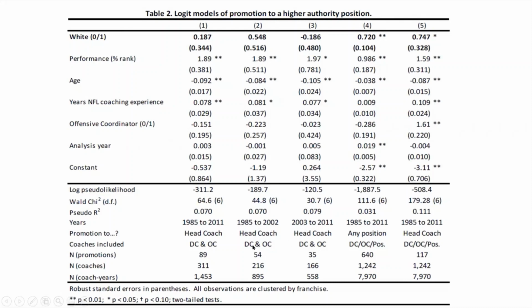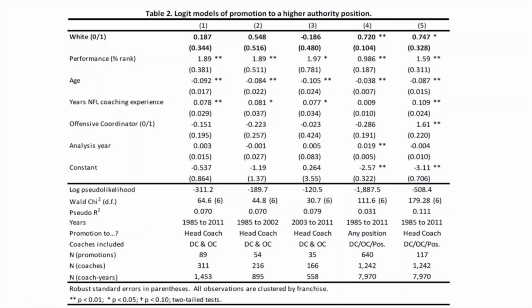So here, if I only look at the defensive and offensive coordinators in the NFL, and then look at their probability of being hired as a head coach, oh, no, actually, I messed this up. I flipped it. It doesn't really matter. Instead of black being 1 or 0, they had it identified as white. So instead of the decrease in the probability that you are hired because you're a black coaching candidate, it's the increase in the probability because you're a white candidate.